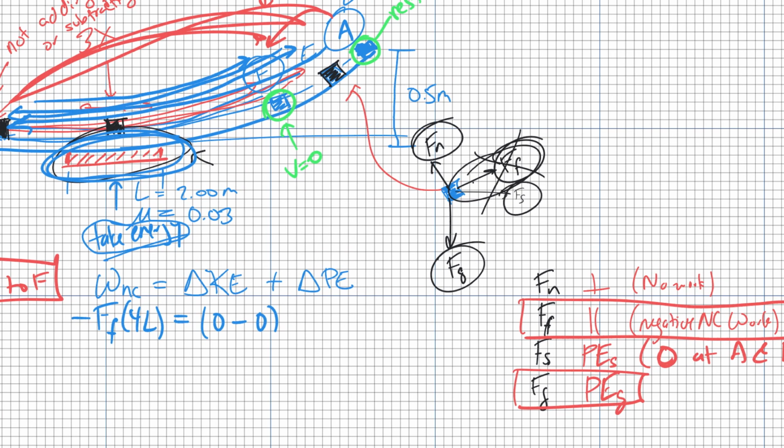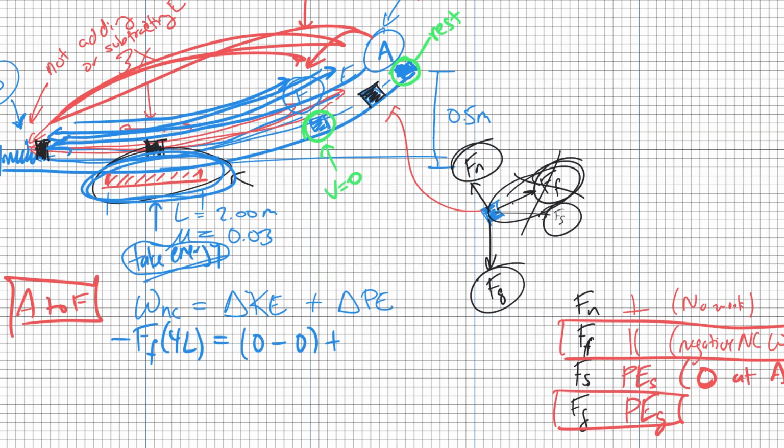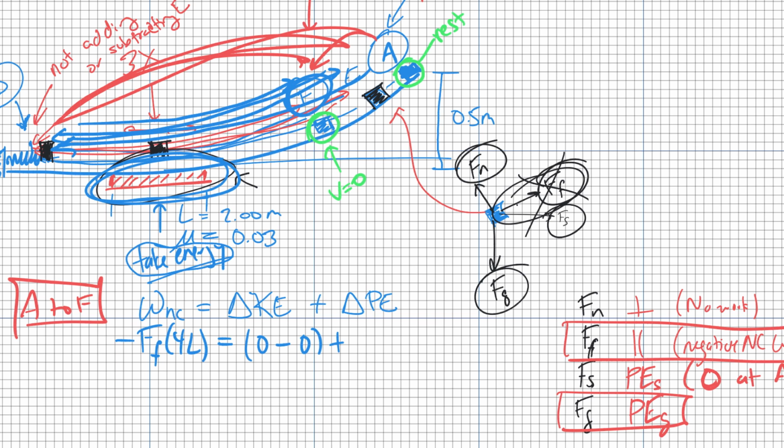Okay? Now we're going to do the change in potential energy. I've got potential energy at F, because that's my final. It's getting really hard to see under there. Here's F. We've got a height here, and I don't know what we want to call that.